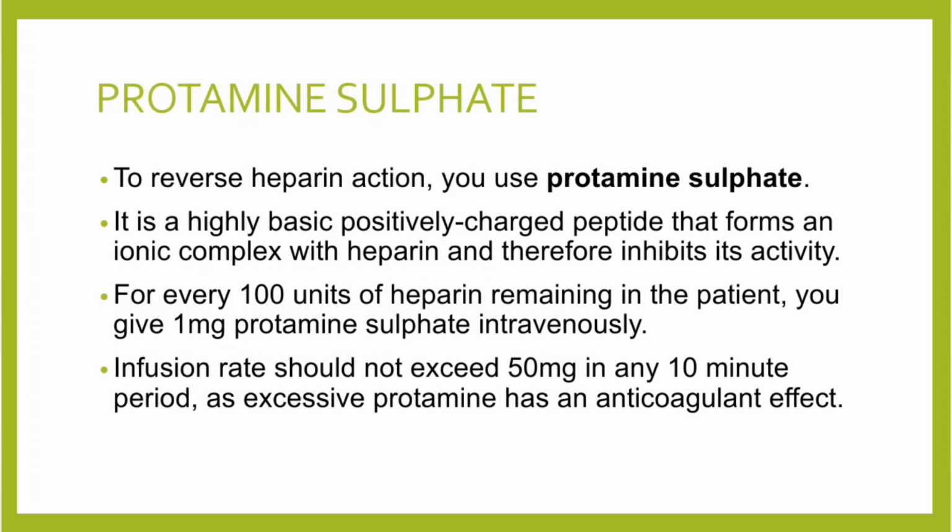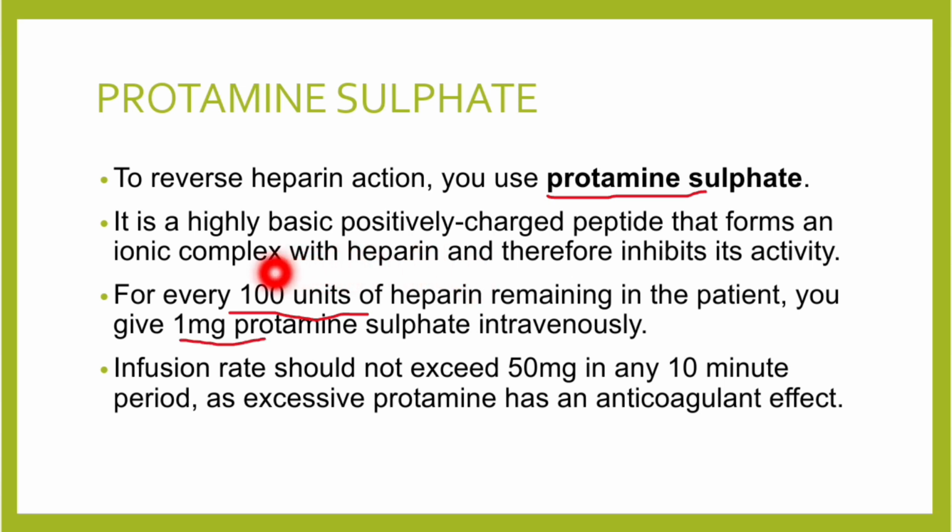Right, as I said, protamine sulfate, I only mentioned it in passing, right? So it reverses the action of heparin. It is a highly basic positively charged peptide that forms an ionic complex with heparin and therefore inhibits its activity. For every 100 units of heparin remaining in the patient, you should give 1 milligram of protamine sulfate intravenously, right?